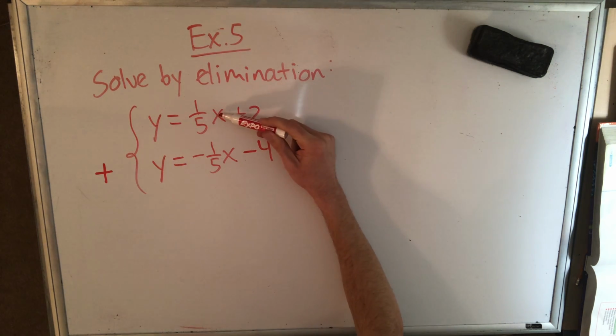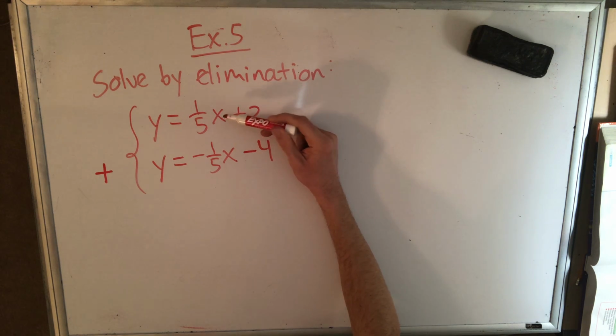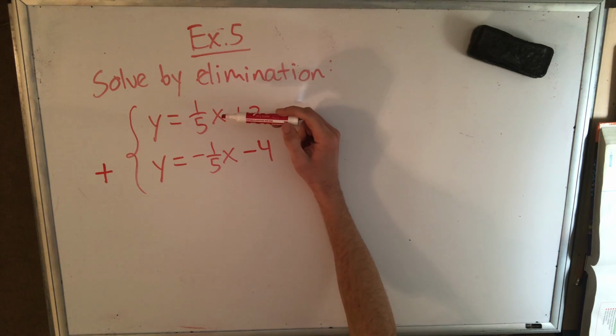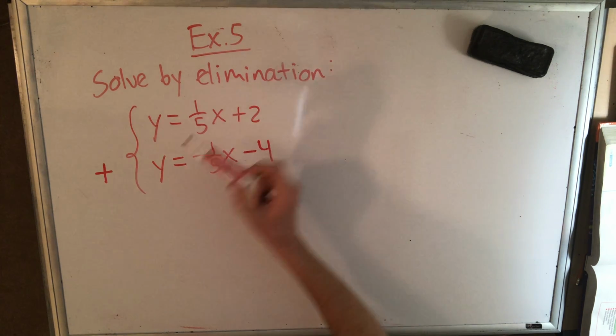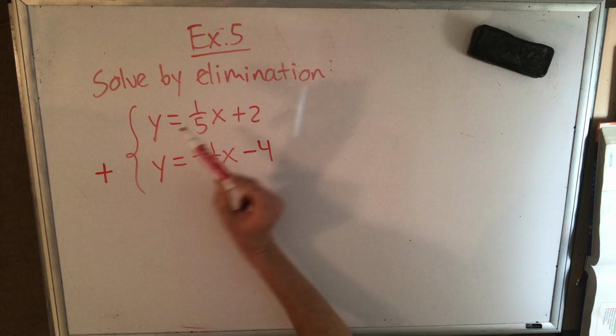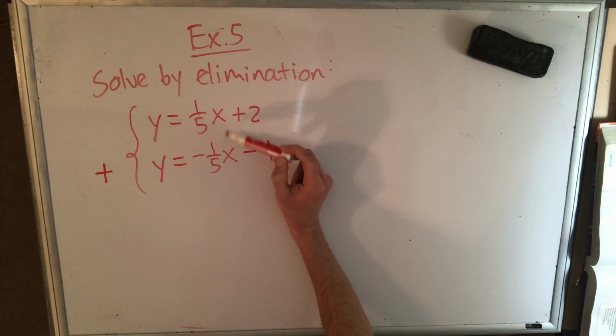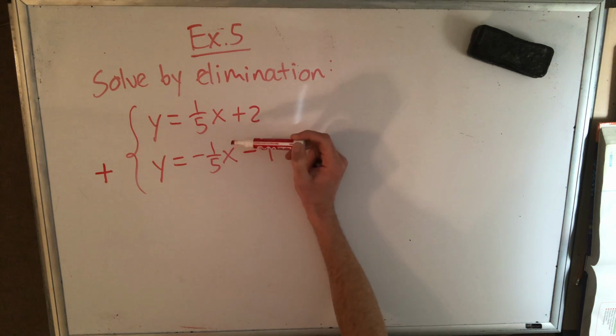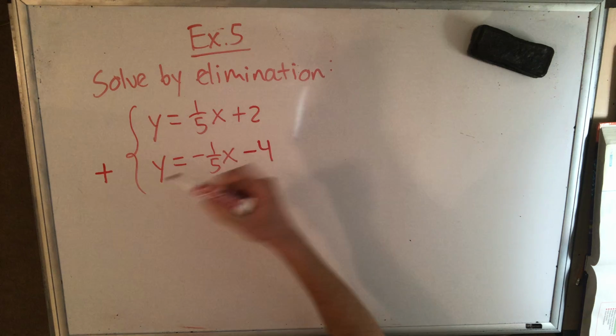Anytime you have the exact same terms in both equations except one's positive and the other's negative, you can add the equations to eliminate the variable.